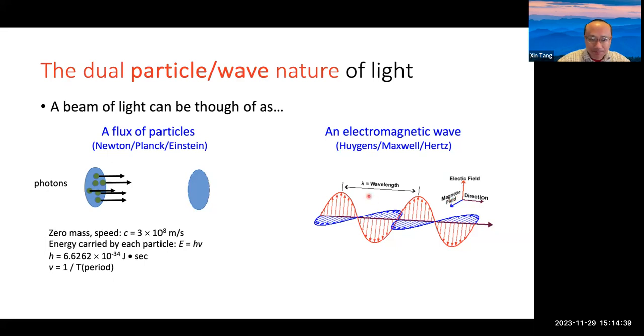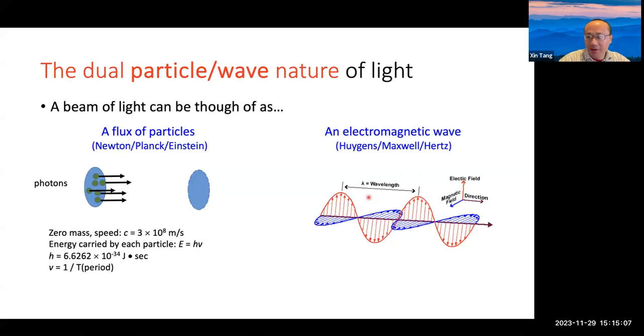These two waves form a transverse wave. Okay, around this arrow, this is the propagation direction. If the propagation direction is perpendicular to the oscillation direction of the wave, then this is called a transverse wave.